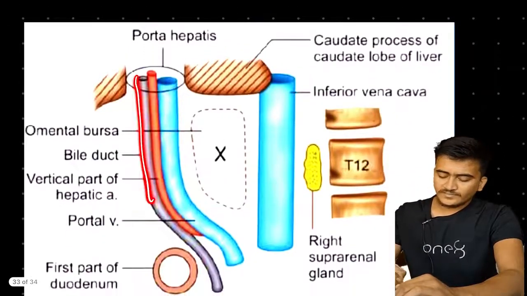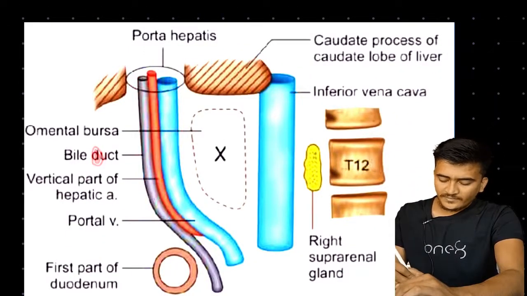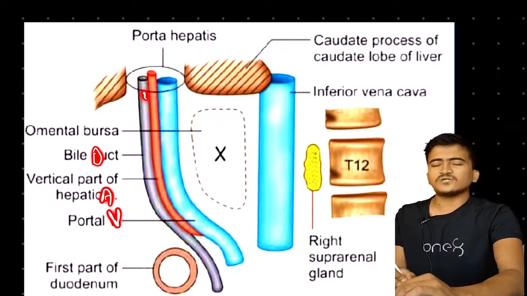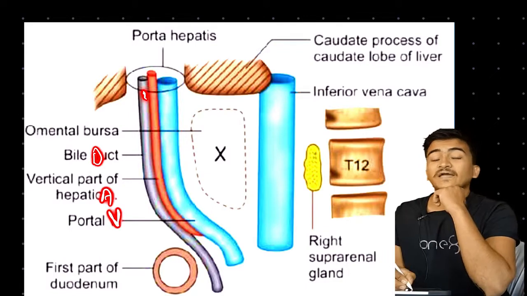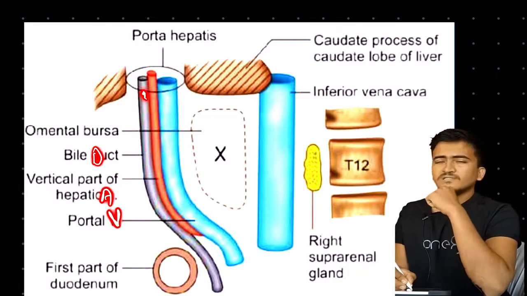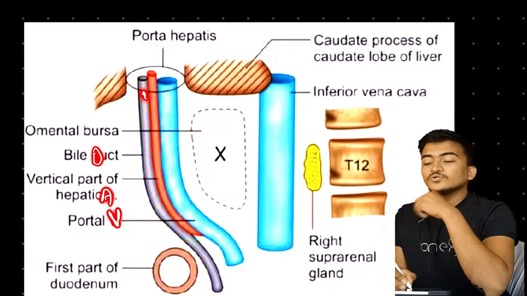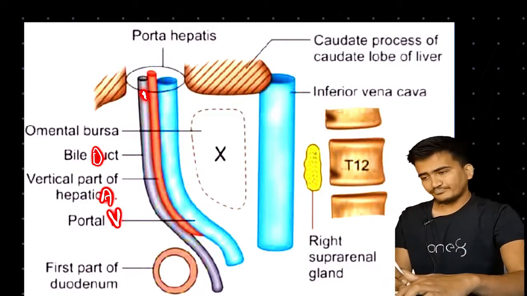In the lesser omentum, these DAV structures are present in the hepatoduodenal ligament.